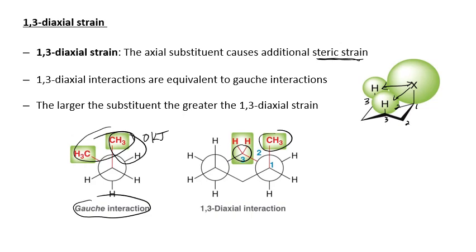So the reason that equatorial positioned substituents are more stable is because of 1,3-diaxial strain, which essentially means that you've got a gauche interaction occurring for your axial substituent.